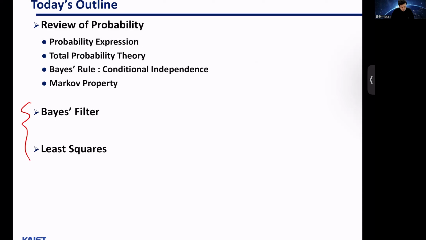But in order for you to learn the Bayes filter, we also need to cover probability theory and the Markov property. So let's start with a review of probability, and we'll move on to the Bayes filter.